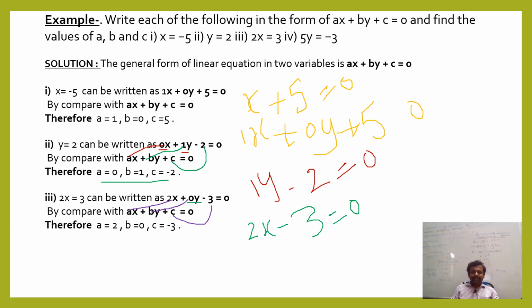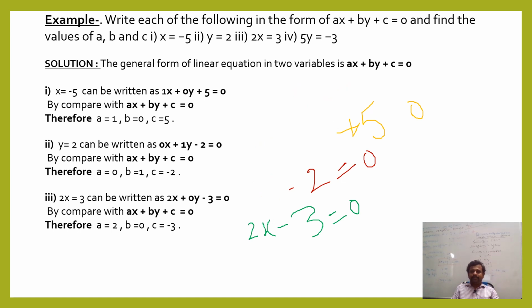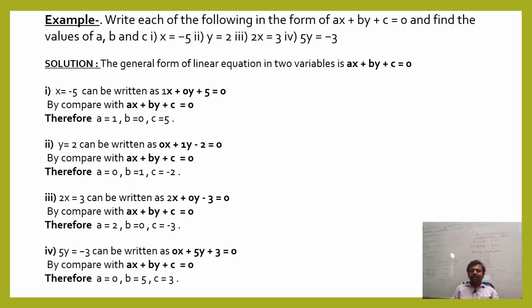Okay, students, now let us move to another example. 5y is equal to minus 3. Just write it, you can try. 5y plus 3 is equal to 0, since minus 3 transposed to the LHS changes to plus 3.